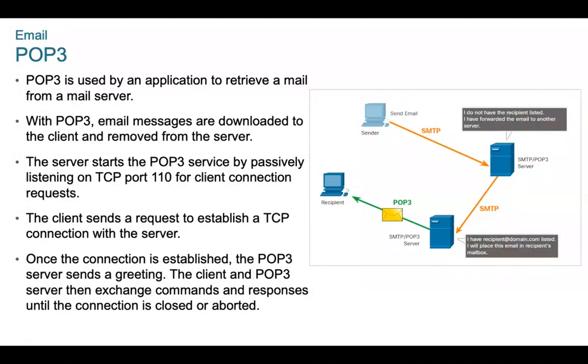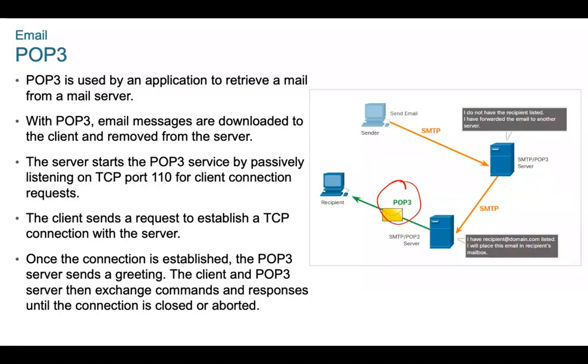With this POP application layer service, the mail is downloaded from the server to the client and then deleted on the server once it is delivered, so that the space becomes available for other upcoming emails.